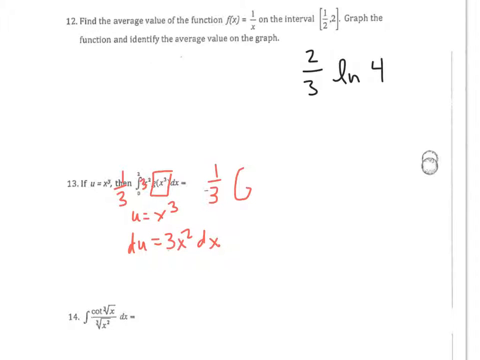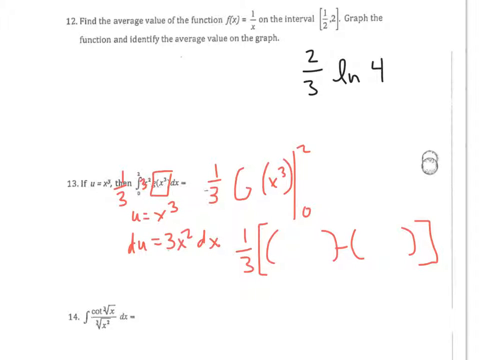And you're going to integrate that from 0 to 2. Kind of unusual here. We got 1/3. Put in 2, whatever g of 8 is, minus g of 0.